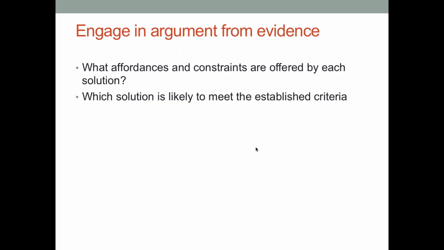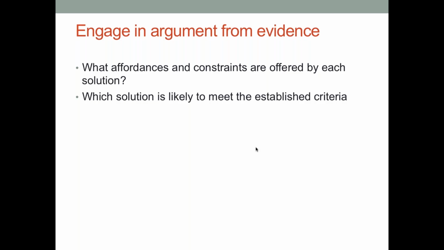And the constraints are pretty much the same constraints as listed before, but sometimes a solution actually imposes its own constraints. So for example, the computer one I just proposed, one of the constraints is that each kid would have to have his or her own computer. Then you have to go back and think about which solution is likely to meet the established criteria.